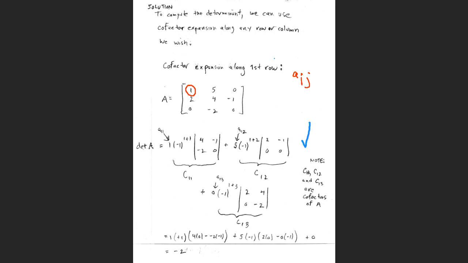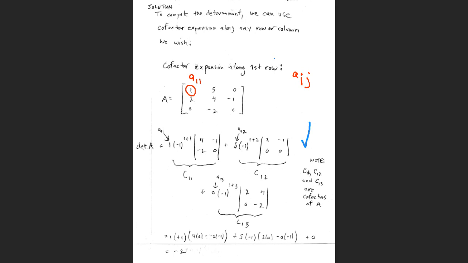This would be A sub, what would the indexes be? That's right, Mikhail, 1, 1, because the 1 is in the first row and the first column of the matrix.